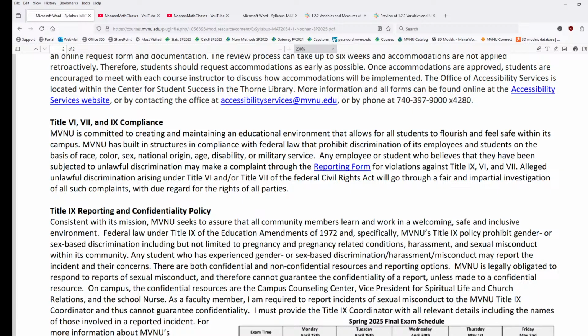So just be aware. There are people and offices on campus that are not mandatory reporters. Those include the ones that you would expect, the spiritual life and the counseling center. There are a few faculty as well. I don't want to name names, but I know, because I don't know if these things change over time, of at least two of my friends who in the past have been non-mandatory reporters.